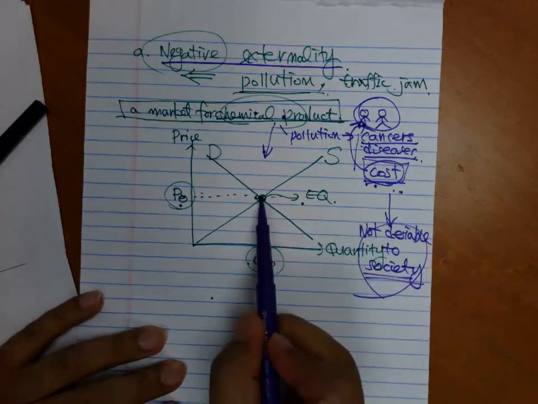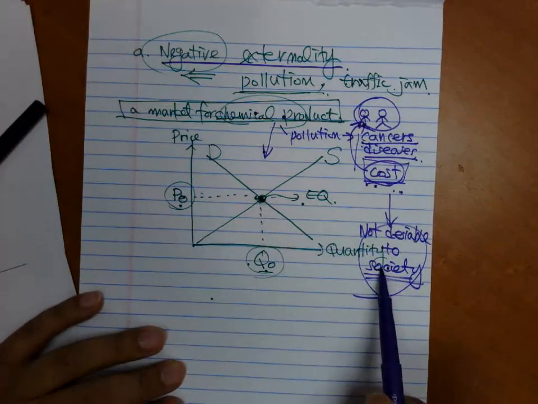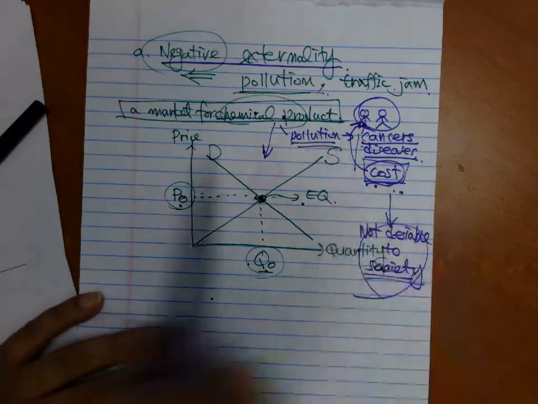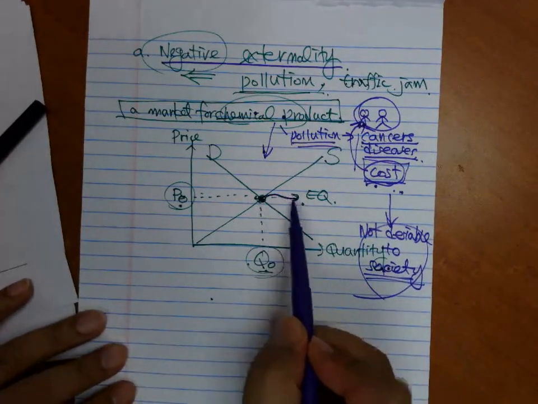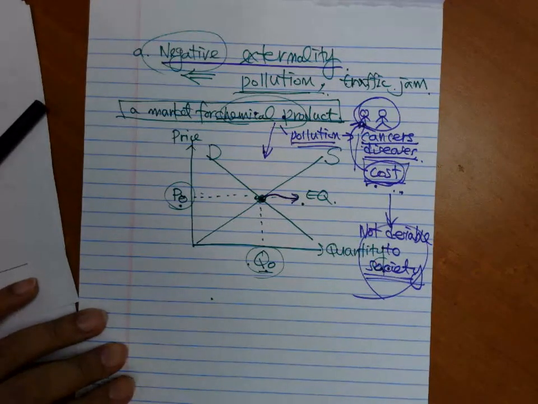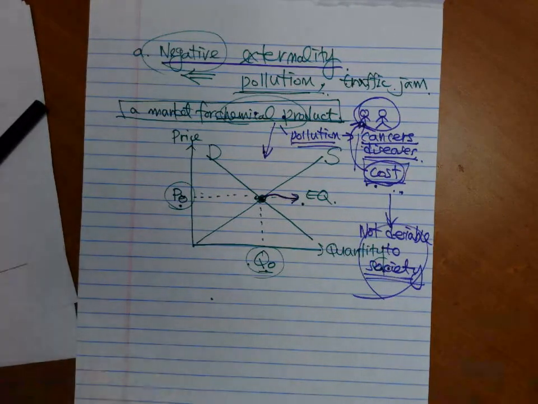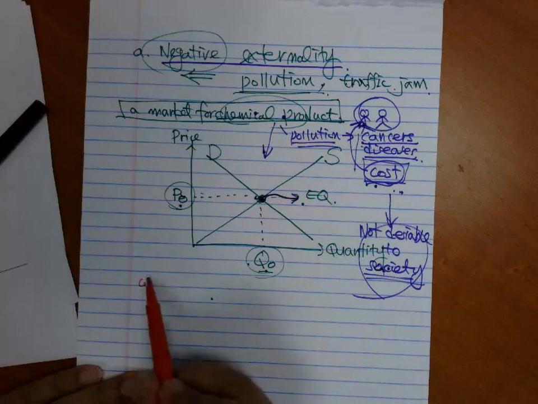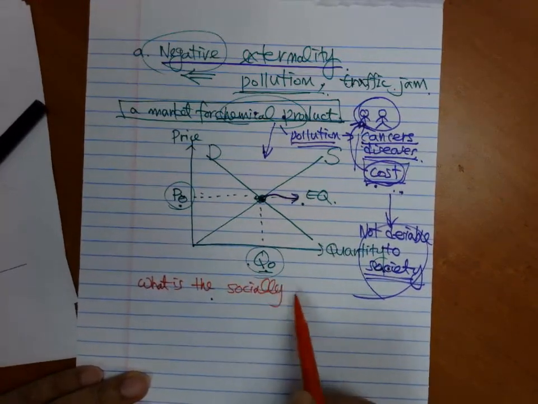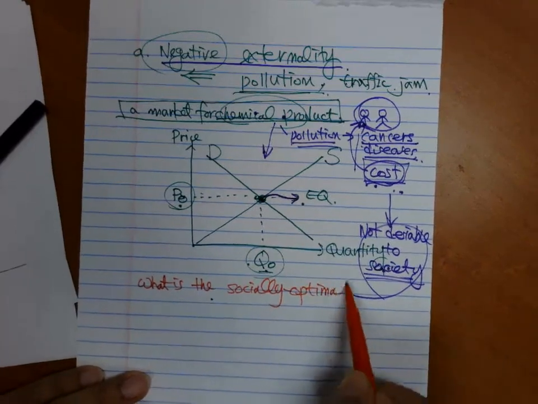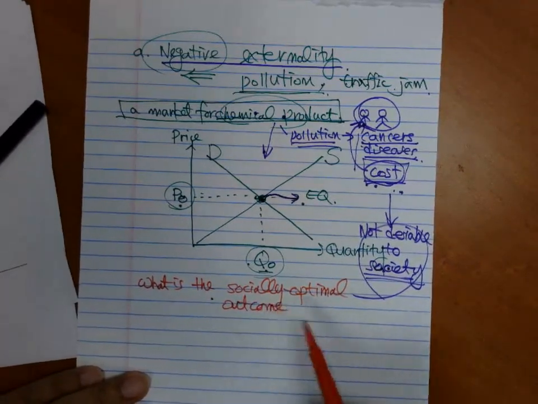So then what is the socially optimal outcome in this market? The socially optimal outcome in this market is that we do not have the pollution.